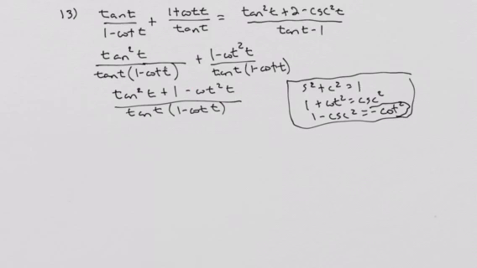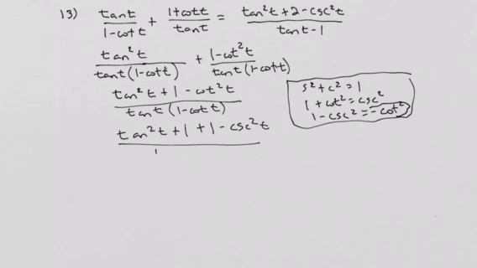So on the top, I'm going to get tangent squared plus 1. And then doing this carefully, I'm going to have a plus 1 minus cosecant squared of t. That is just substituting this for this.